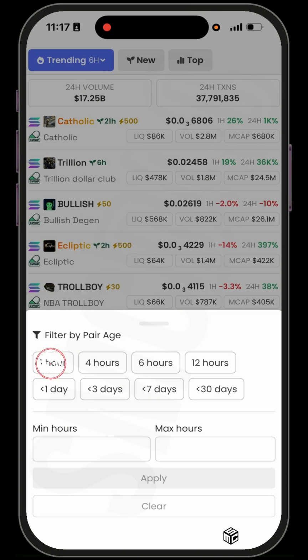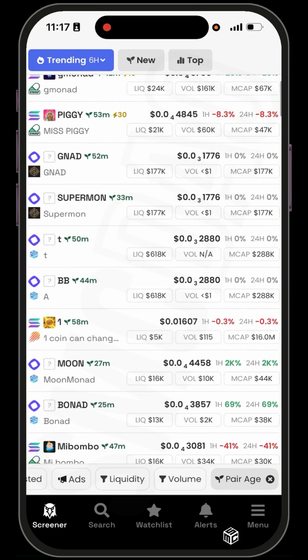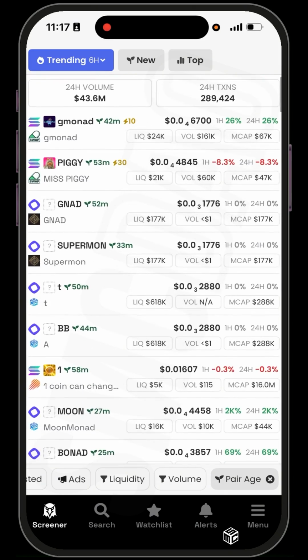We could look for 1 hour, and you can see them here. So these are pairs that got listed within the first hour, and you can look at them here: 45, 52 minutes, 33 minutes.